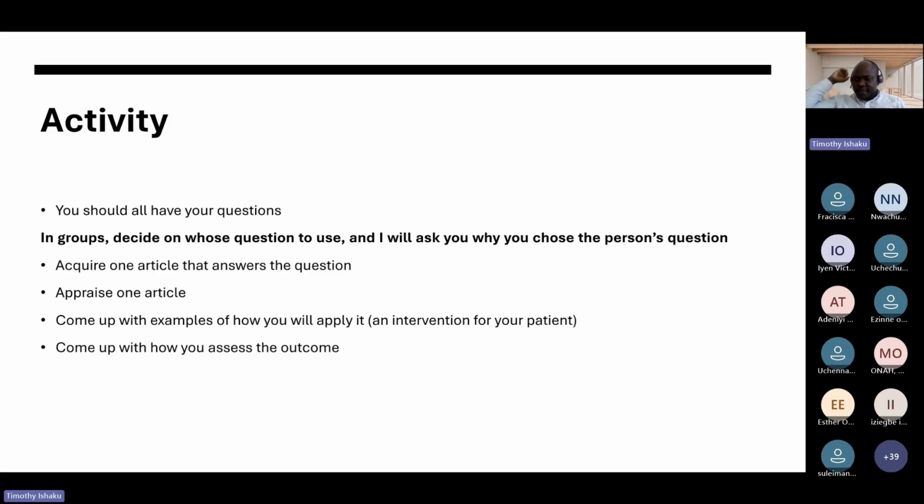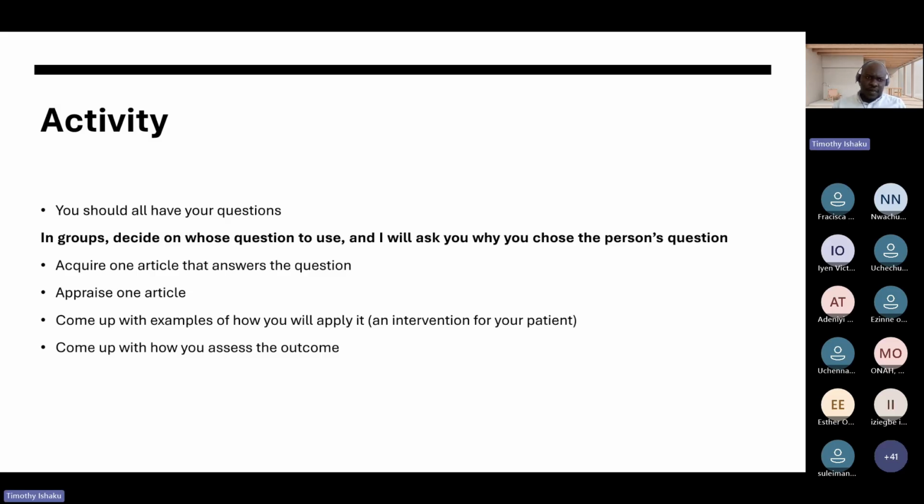I know it's not the best time, but I really want you to try these things and see if you can make sense of it. I planned for group activity, but I don't think I will do that considering how the internet plays out.